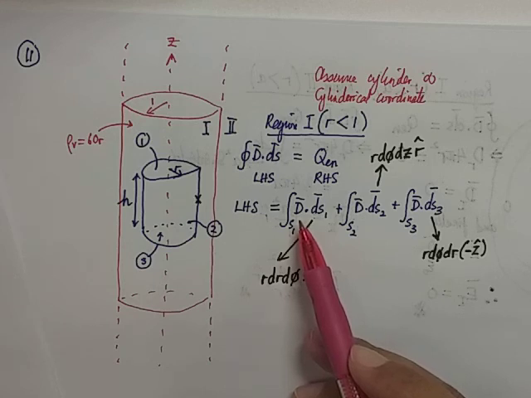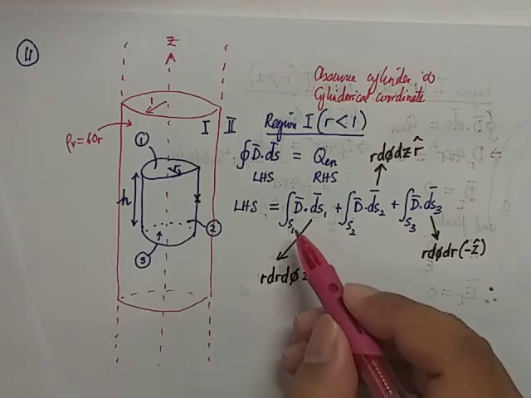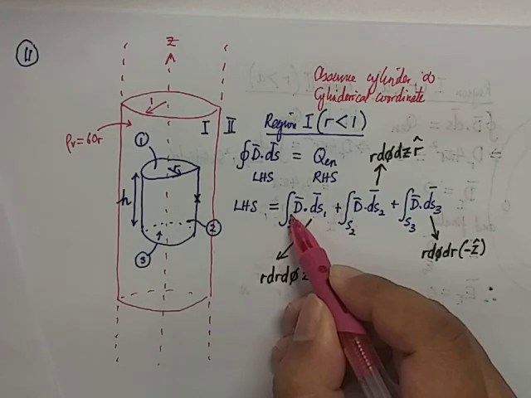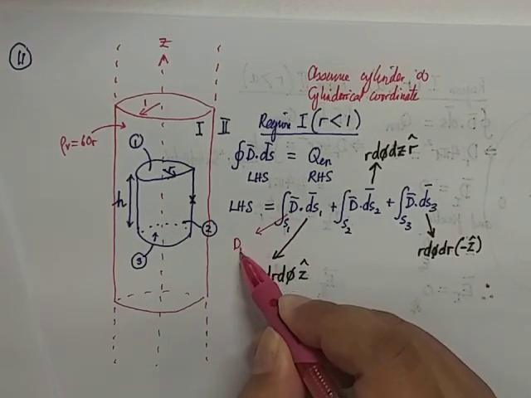And due to the nature where the charge is aligned with the z-axis, the only component of field appearing in our solution is the R component. I hope you can recall that. So I'm going to use that analogy here. My D will only consist of the R component.